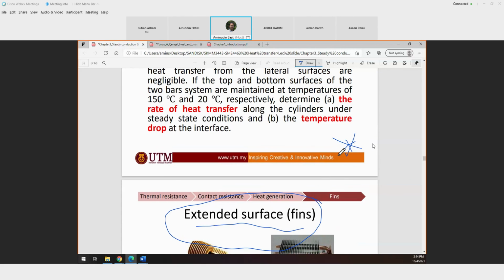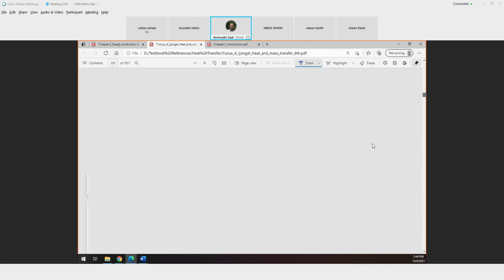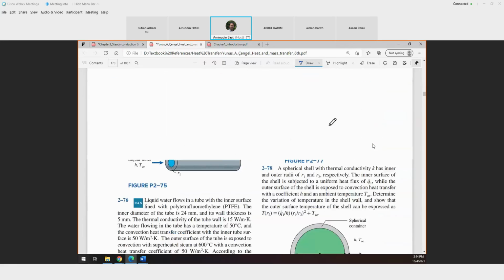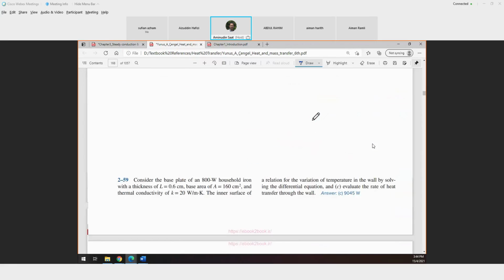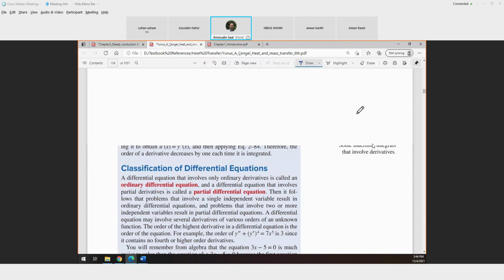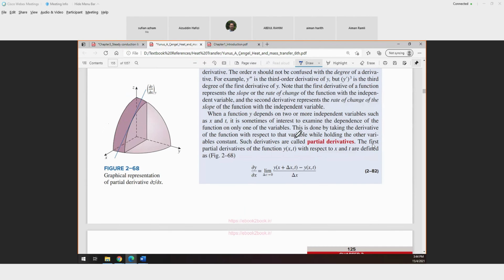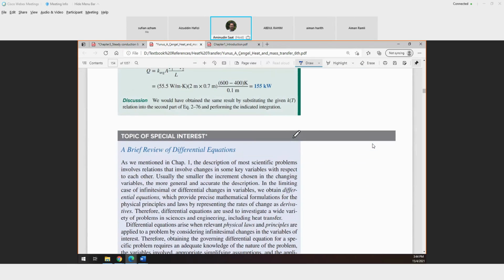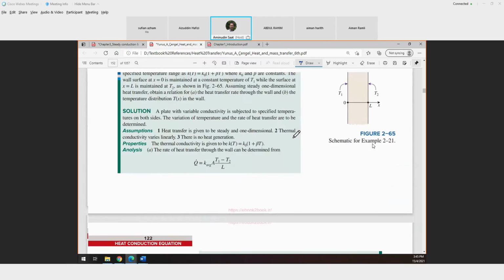But this is still important. Since it is covered in your test, you need to understand how the derivation of one-dimensional analysis works for the case of cylinder and for the case of spherical.